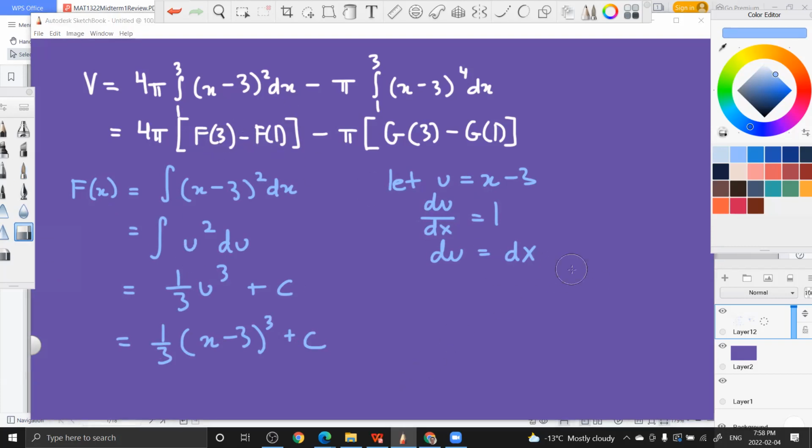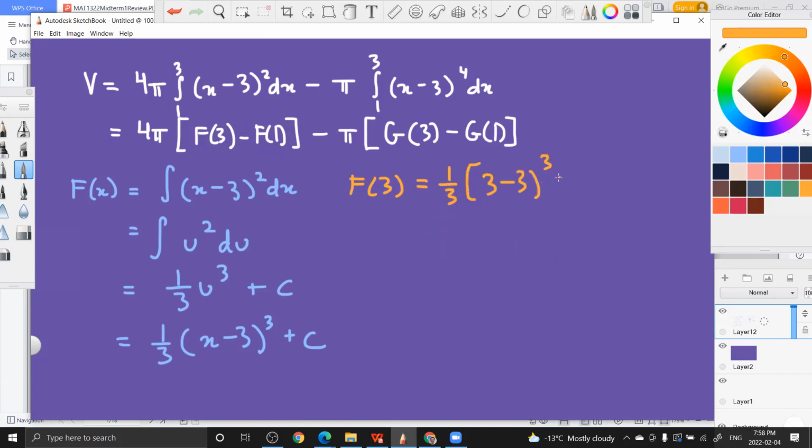Now let's find F(3) minus F(1). F(3) is equal to 1 over 3 times (3 minus 3) to the power of 3, okay? And when you plug in a number, the c doesn't really matter. You can ignore the c, or you can put it in here, it's up to you, but it's going to cancel out in the end anyway.